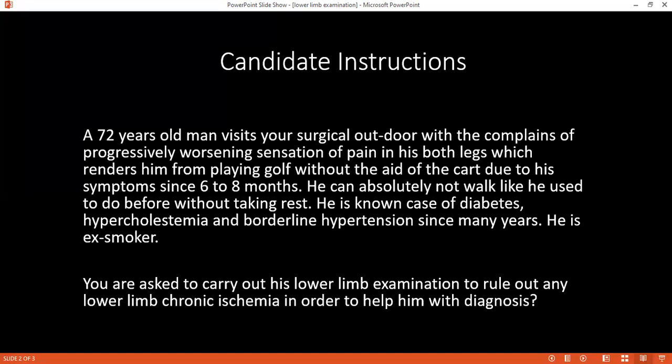Conservatively will be avoidance of smoking and control of diabetes, hypertension, and hypercholesterolemia. Very good. And maybe consider antiplatelet agents.